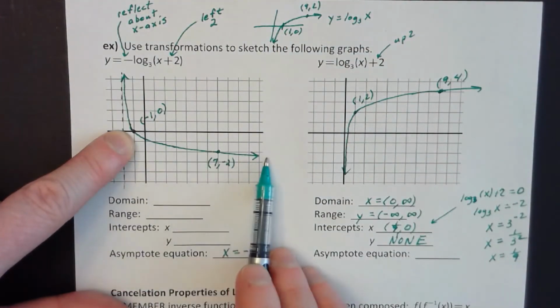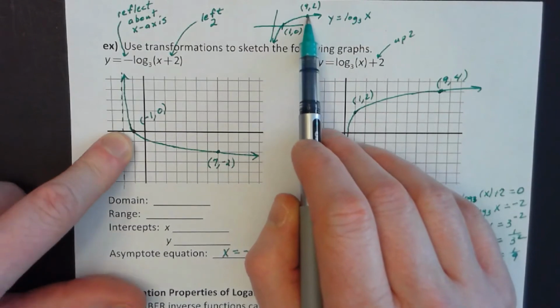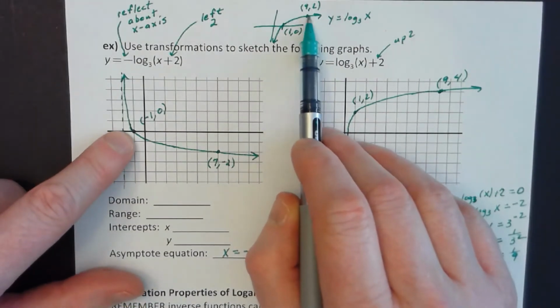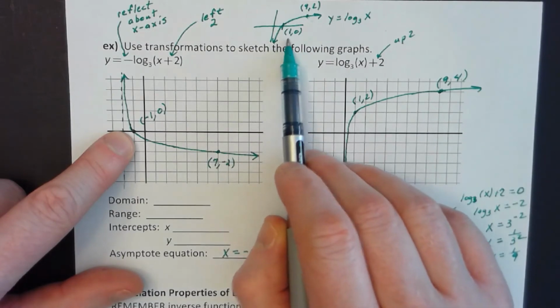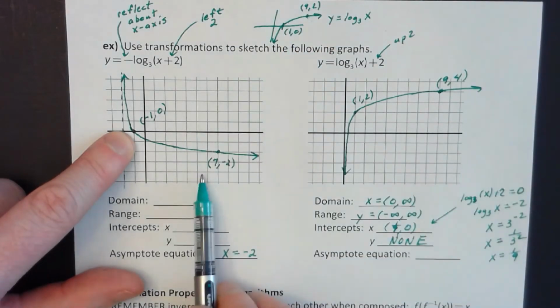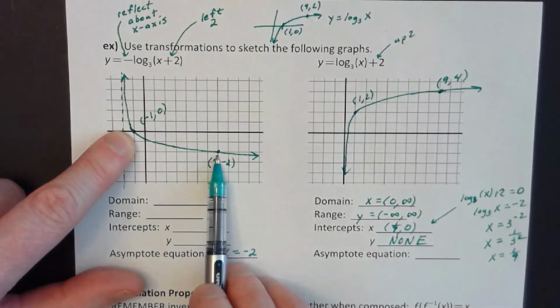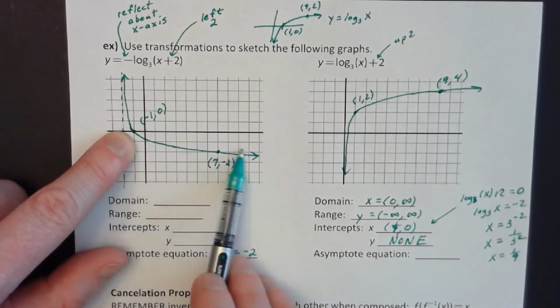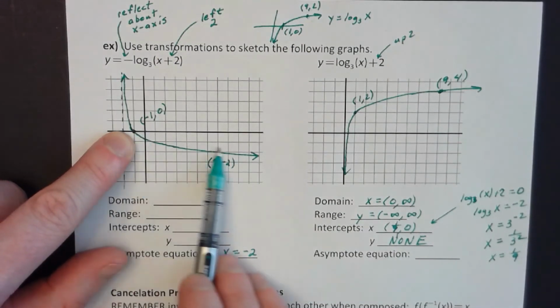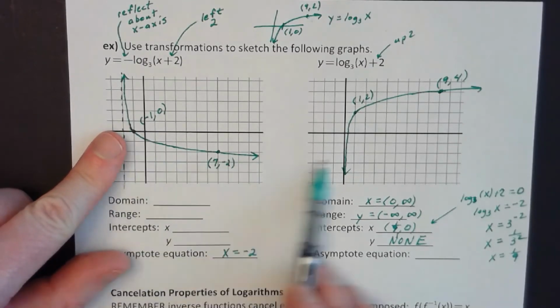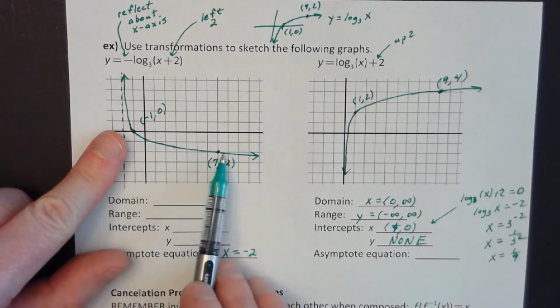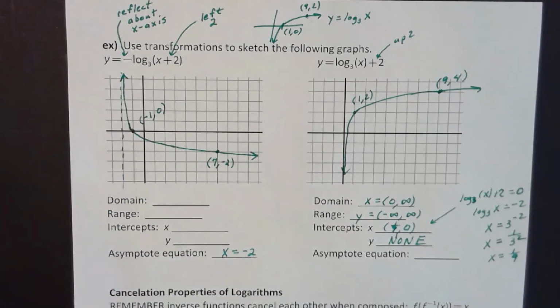Instead of just saying down slowly, I went ahead and figured out what happened to this point. I knew that this point was shifted left 2 and then reflected about the x-axis. So the point 9, 2 became the point 7, -2. That allowed me to graph in my logarithmic function nicely without worrying about how far I was going down or anything. As long as you graph out 2 points on it, you should be fine.